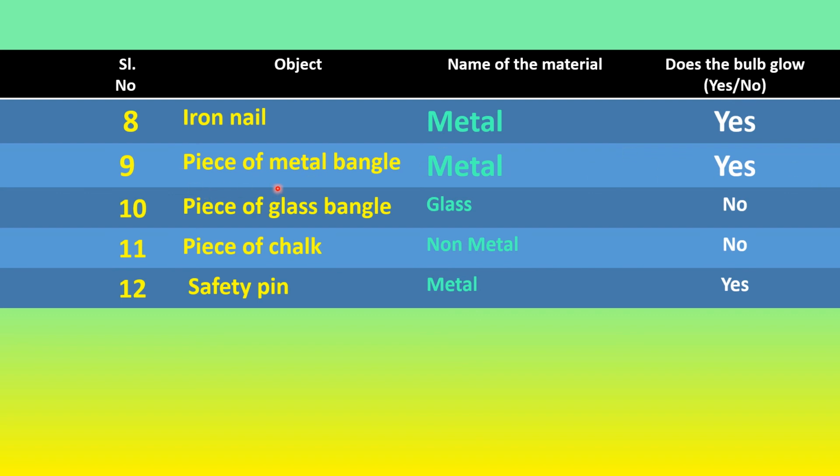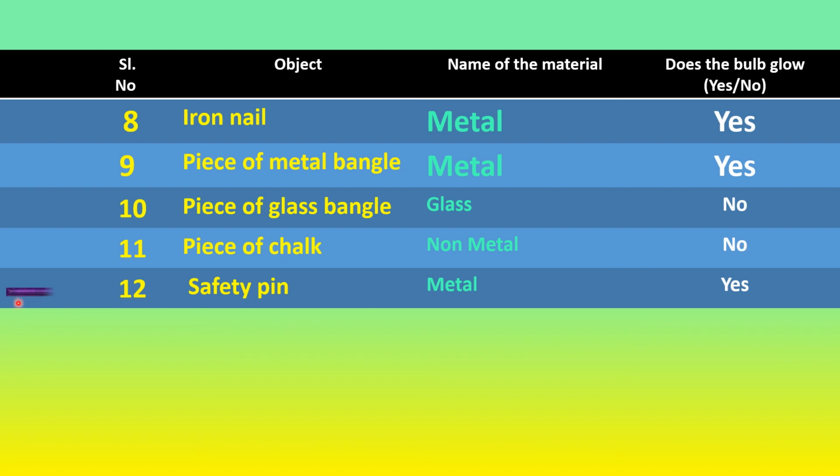When a piece of metal bangle is connected, the bulb glows. Iron nail, piece of metal bangle, bulb glows: yes here. Piece of glass bangle, no. Piece of chalk, when it is connected between A and B, the bulb does not glow.